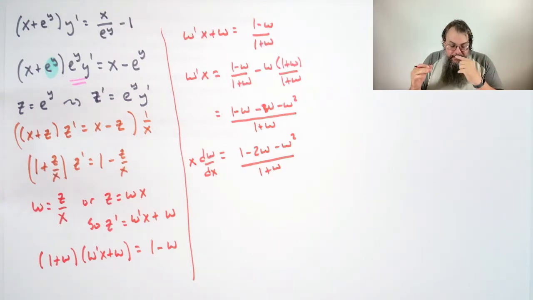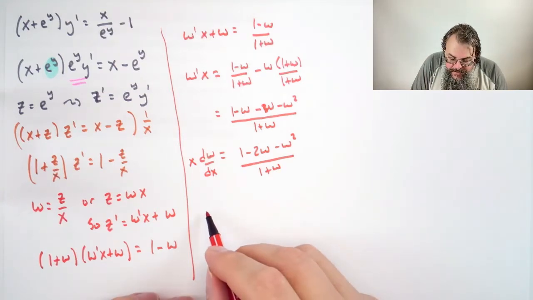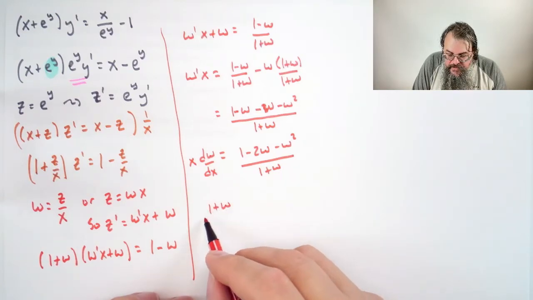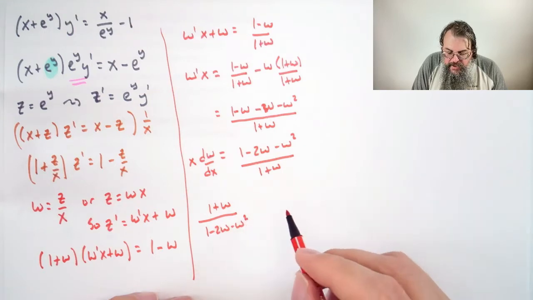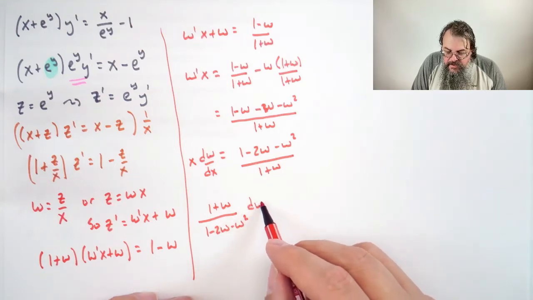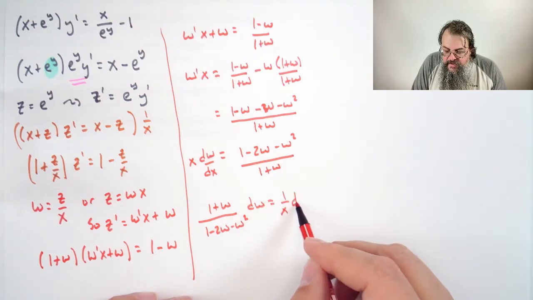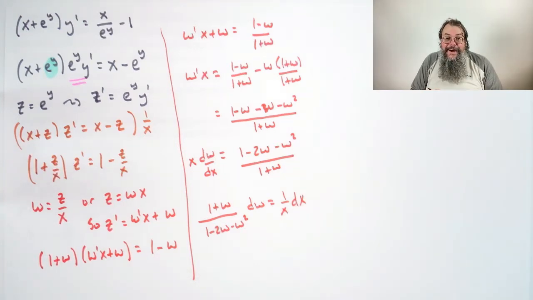It's going to be separable. So we would have (1 + w) over (1 - 2w - w^2) dw is equal to 1 over x dx. Now, the next step, we've separated. Now we integrate.